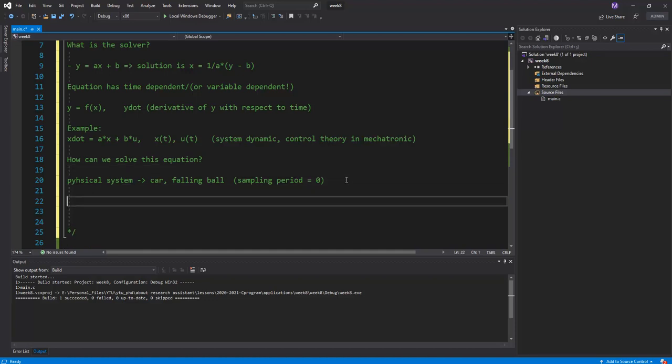In the computer structure or microprocessors, we have a specific sampling period, and this sampling period is not equal to 0 or going to 0, okay?